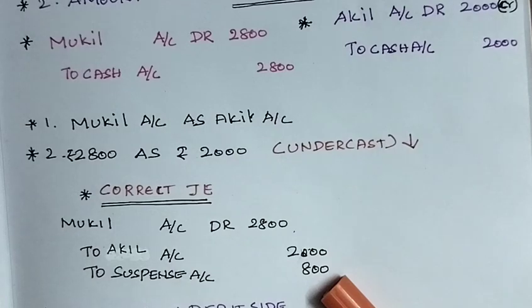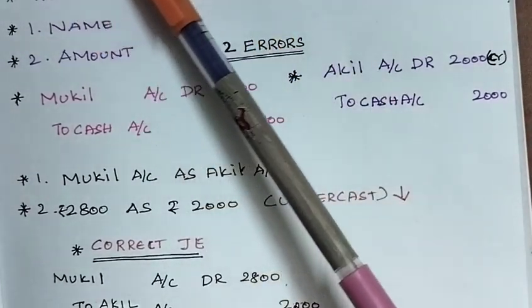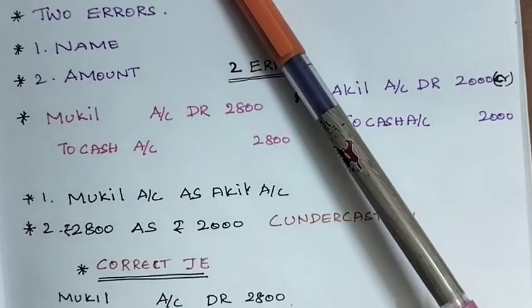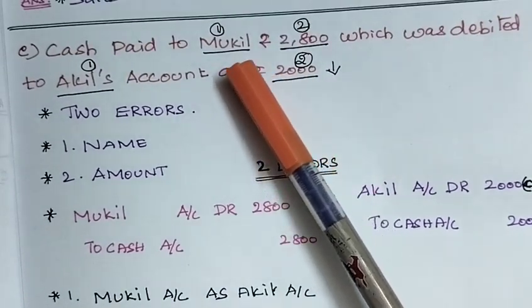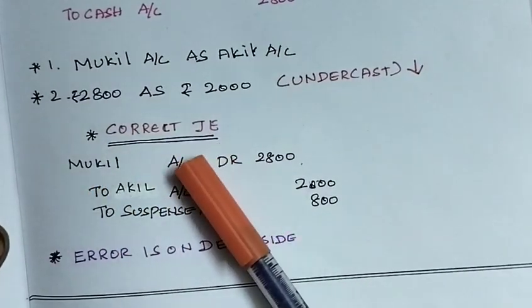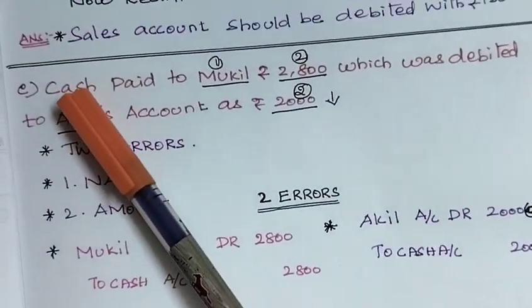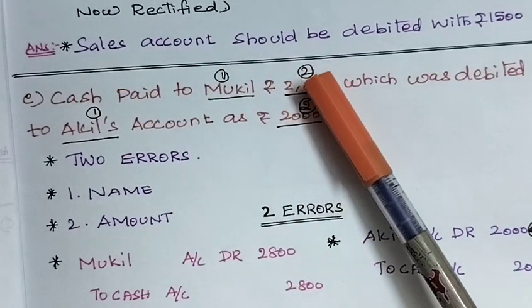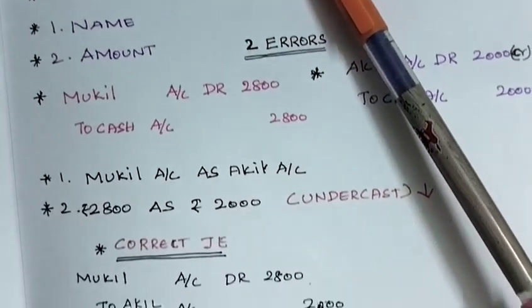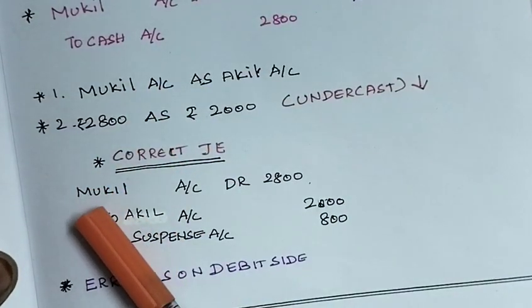Do you understand? Listen carefully. Cash paid to Mukil. So Mukil account debit. Mukil is the receiver. In short, I say cash paid to Mukil 2800 rupees. Who is the receiver? Mukil is the receiver, 2800 rupees. So debit the receiver.